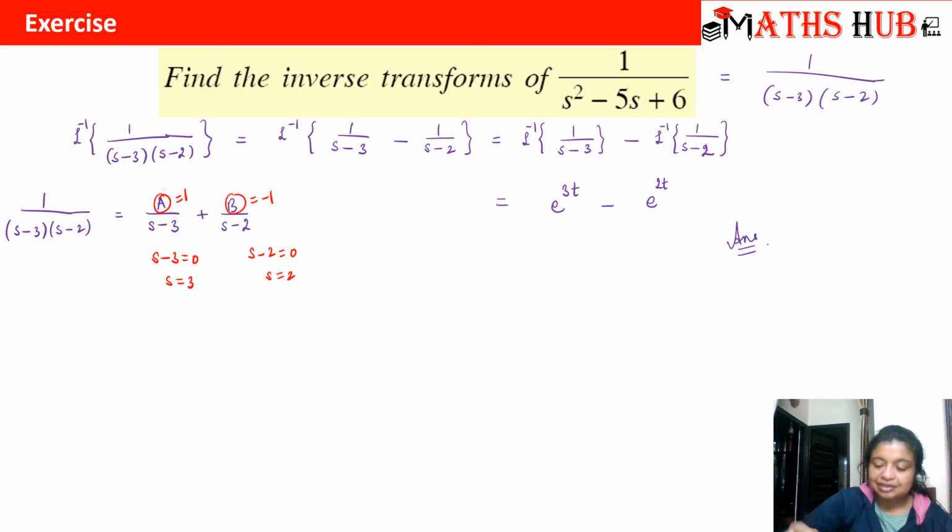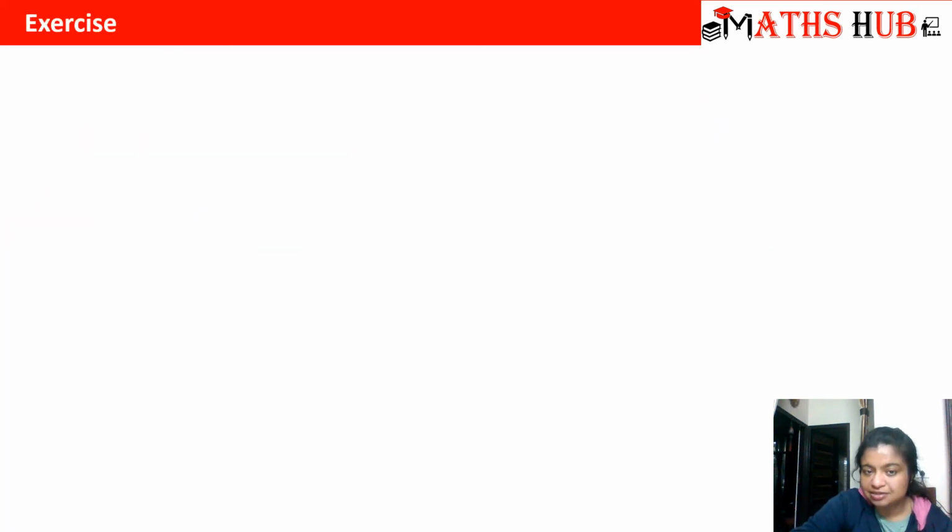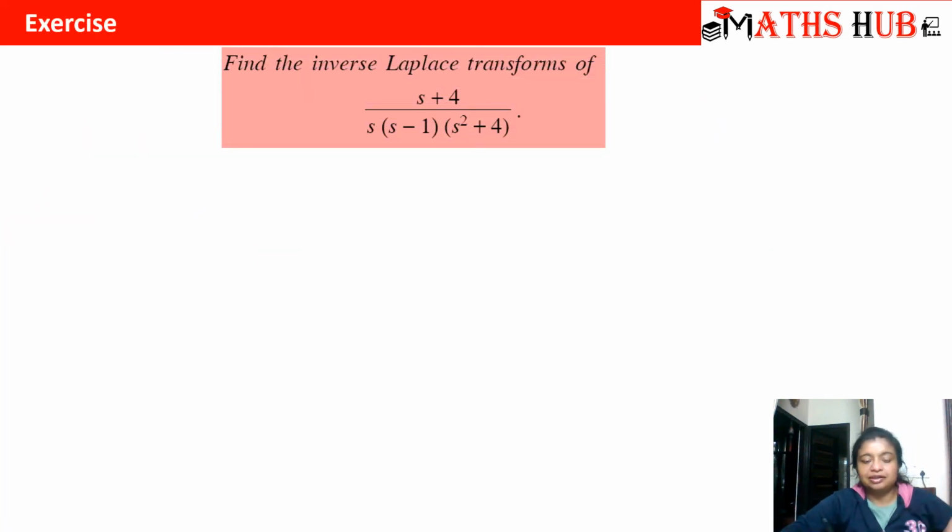I'll give you one question as a practice. So you have to find out the Laplace inverse of s plus 4 upon s minus 1 into s square plus 4. So you don't have to worry about this question. You can see that there are three product terms in the denominator, so you can use partial fractions.